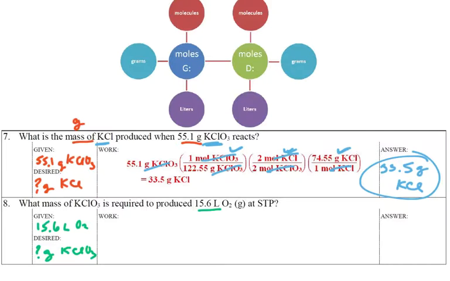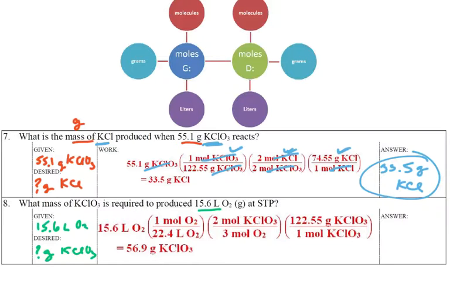We're going to start with the 15.6 liters, and I have this one written out as well. And we can see we start with the 15.6 liters of O2. Then we're going to use our 22.4 liters per mole. And once we get to moles, we do the ratio from the balanced equation. So there were 3 moles of O2 for every 2 moles of KClO3.